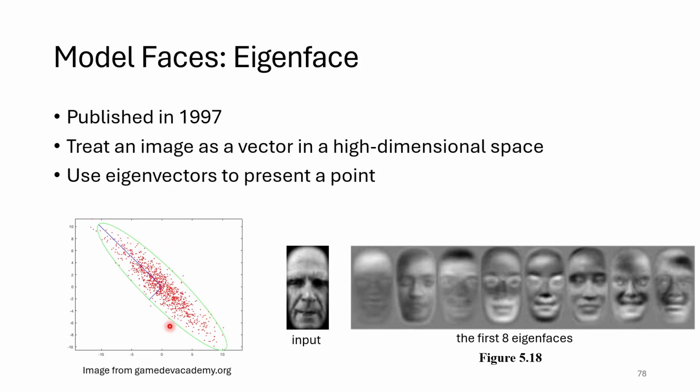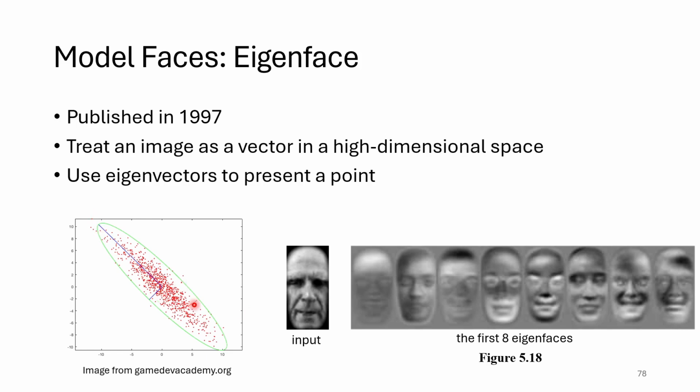Well, from this distribution, they can find the principal component. In this case, the first axis is this one, and the second axis is this one. They can project the image.